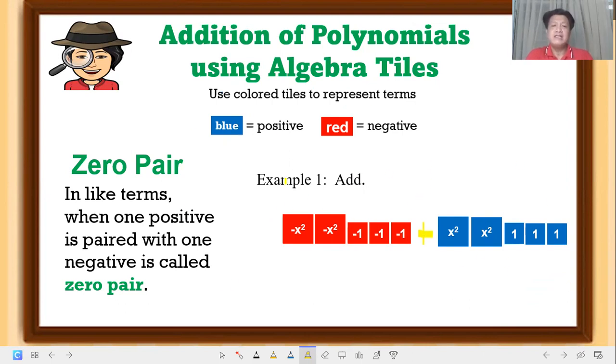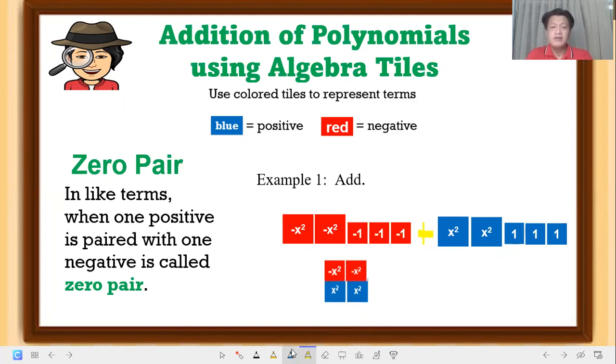Okay, by applying the zero pair para malaman natin kung ano magiging sagot. Anong gagawin natin? Di ba ipapartner natin? So since this is negative x squared, titingin ako dito ng kanyang like term. Siyempre kung x squared to, ang ipapartner mo yung x squared din. Kaya nga we have negative x squared at yung blue na tiles.